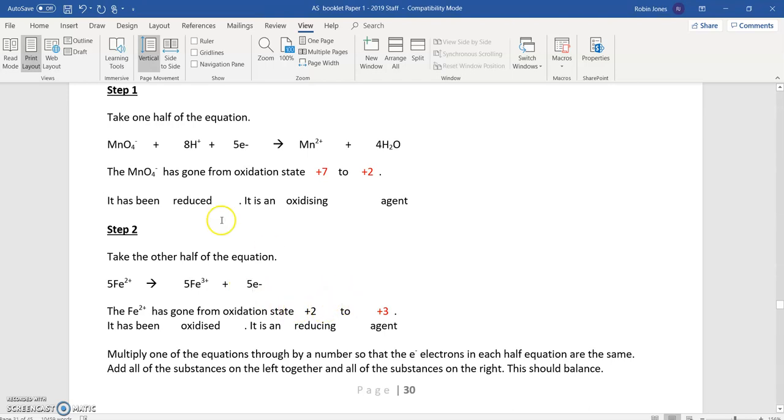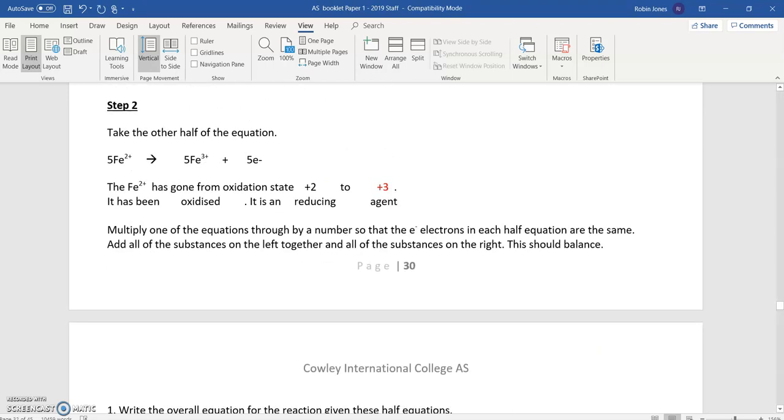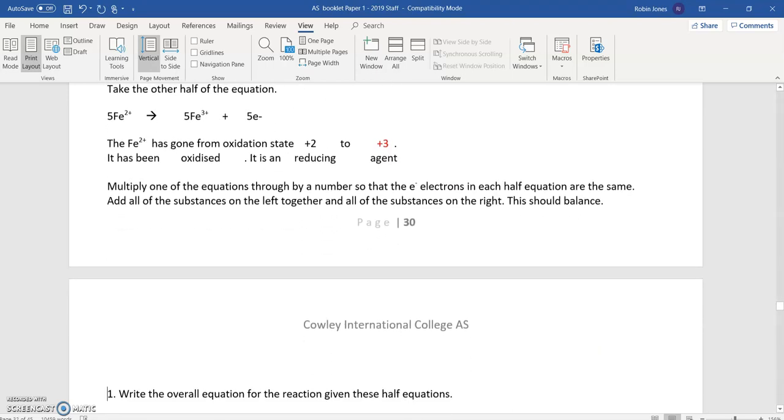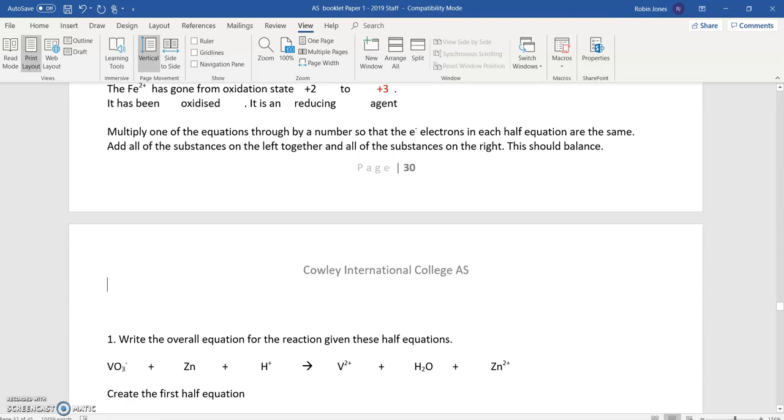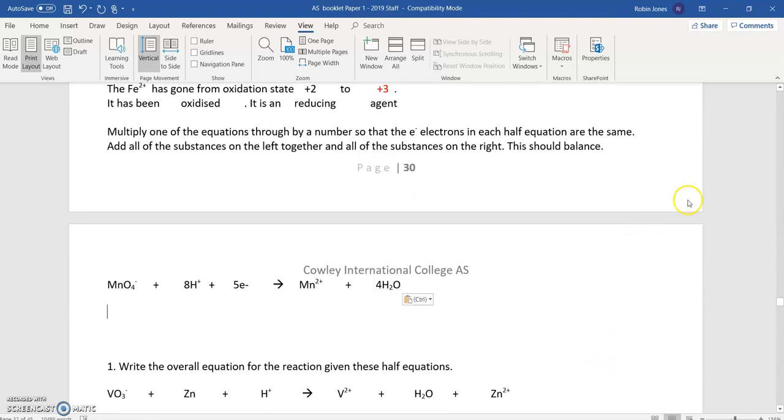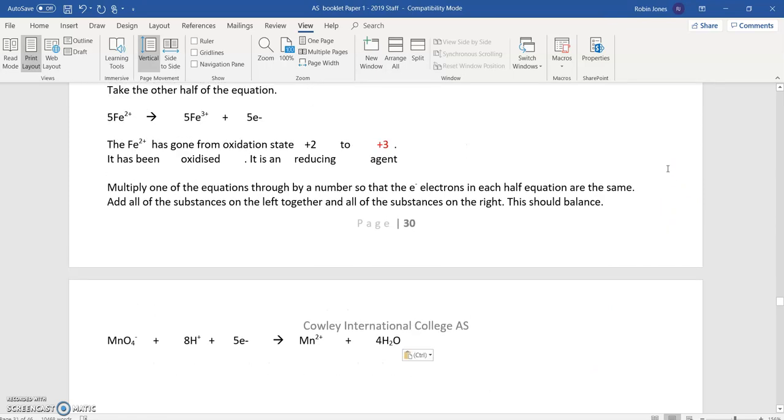Now what I can do is combine these two equations together. I'm going to take this equation and I'm going to take my other equation.